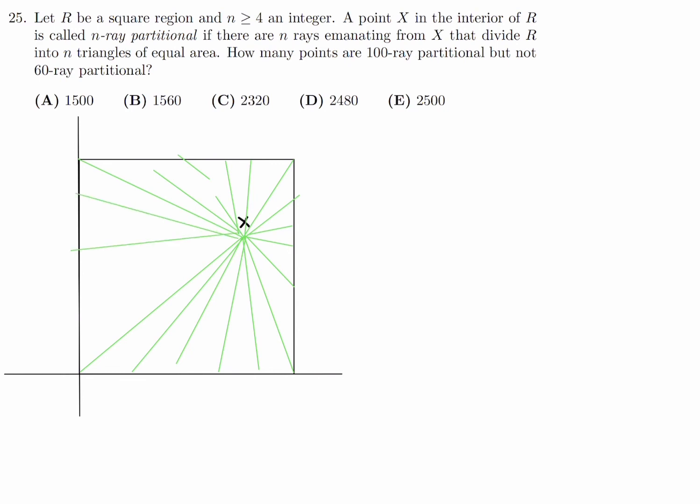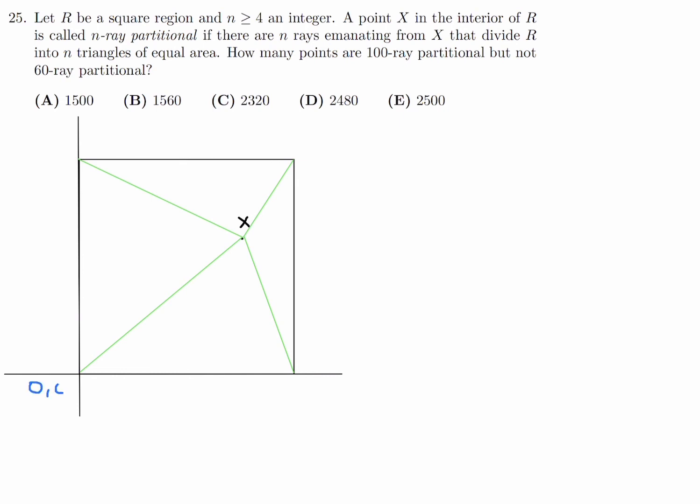I'm just, in a very sloppy way, showing you that all of those segments eventually are going to have equal value. But we don't know how many there are for the general case. We're given 2 cases, 60 and 100, but obviously we're not going to draw 100 of those emanating rays. That would be impossible on a diagram. So we have to talk about it in general terms. So here we go.